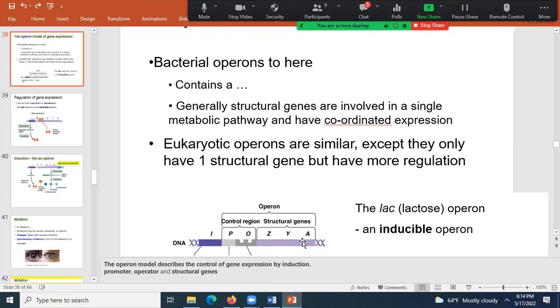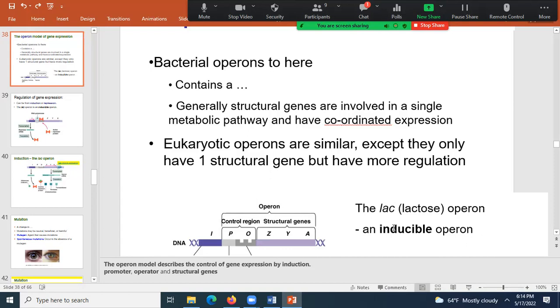And so for eukaryotes, it's a little more complicated in the sense that we have more operons because there's only one structural gene in each operon. And they're also more complicated because there's more regulation of the operon. All right. Any question about that?